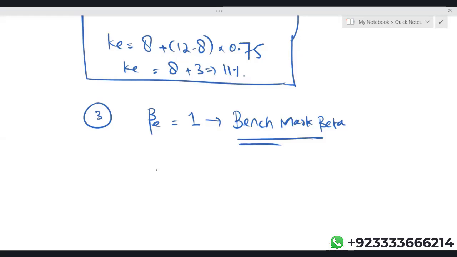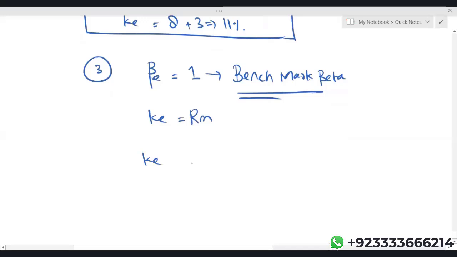So we are left with only systematic risk. So beta equity equal to 1 means benchmark beta. In that case, KE will be equal to RM. Obviously, when my investment is facing the same risk which is in the market, I'll be demanding the same return which is on average in the market. So K is equal to 8%, 12 minus 8 into 1.